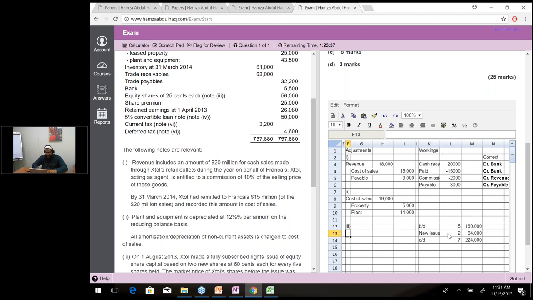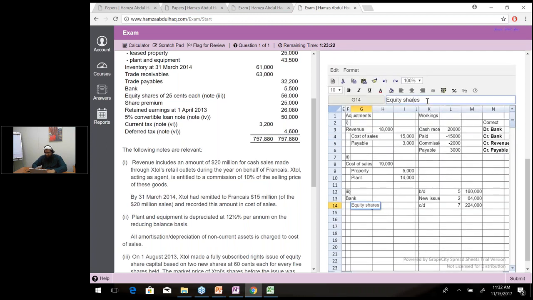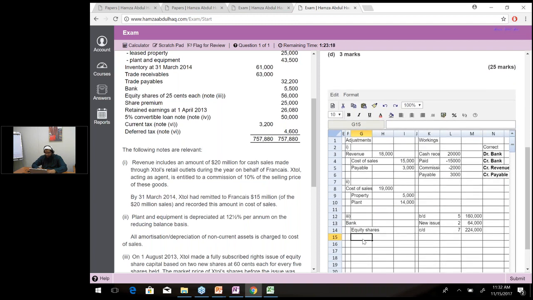So if I write the entry for the issuance, it will be bank debit, equity shares credit, and the share premium credit. So the bank is going to be the new issue of 64,000 into, for how much value have we issued? For the 60 cents.